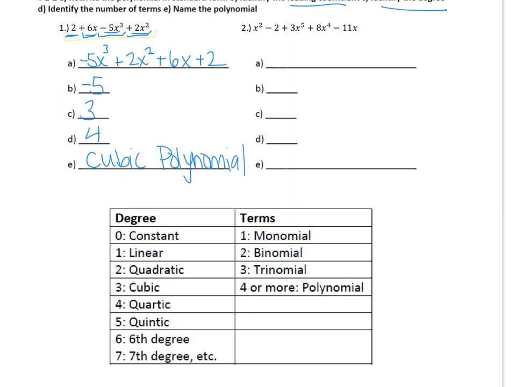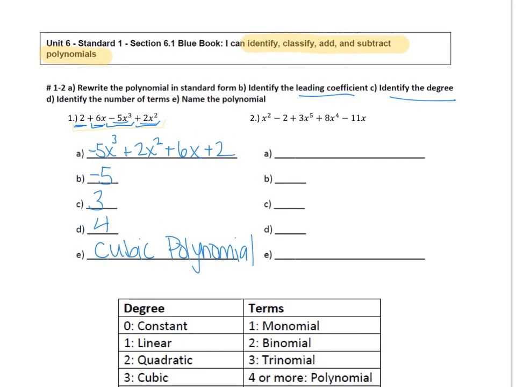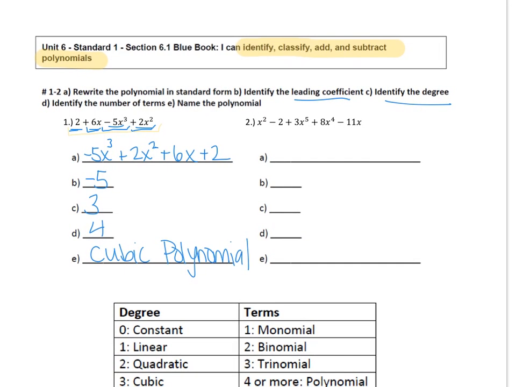All right, let's do example 2. Same process. We want to write it in standard form. So our largest exponent is 3x to the 5th, plus 8x to the 4th, so just go in descending order. Next term would be plus x squared minus 11x, and then the last one minus 2.